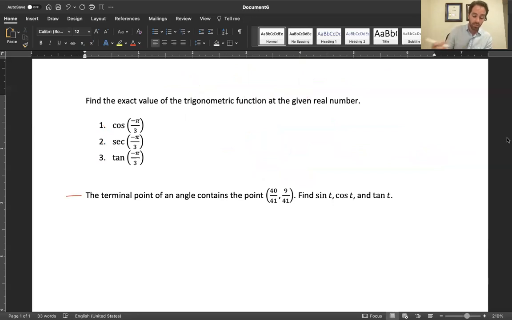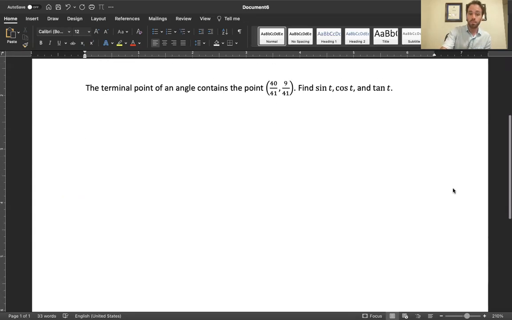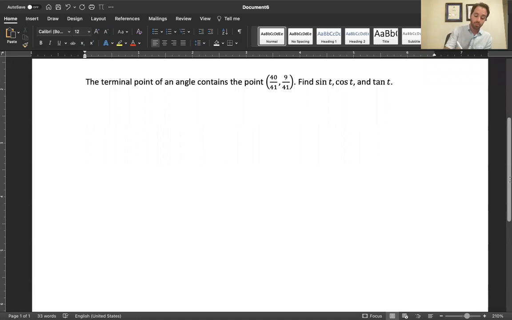It's this one. The terminal point of an angle contains the point 40 over 41, comma 9 over 41. Find sine, cosine, and tangent. All right, let me give myself some room here. 40 over 41 and 9 over 41.